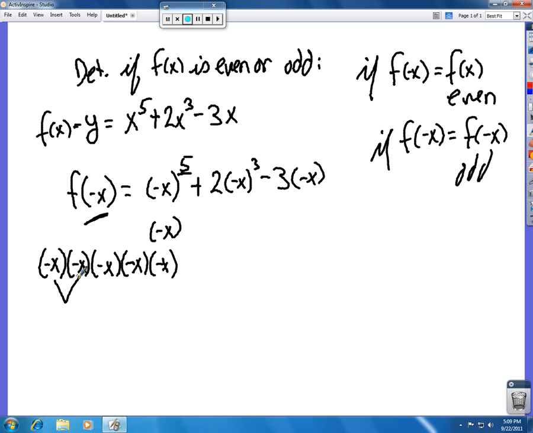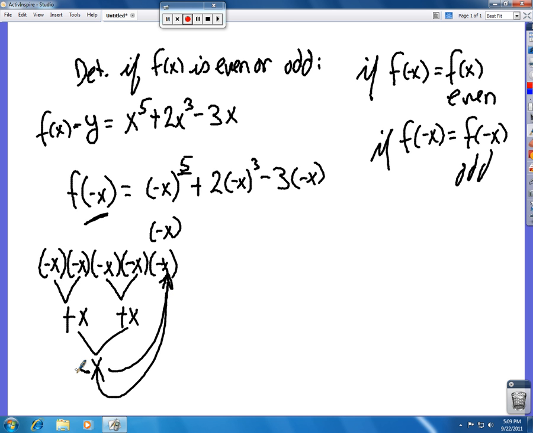Now multiply those two together. You're going to have a positive x. You're going to have a positive x here. And these two positives will again be positive. But you have this one left over right here that's negative. So when you multiply this x and that x together, it's going to end up being negative.